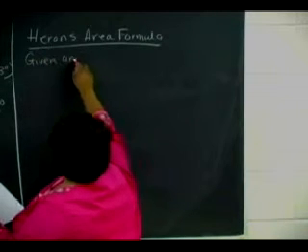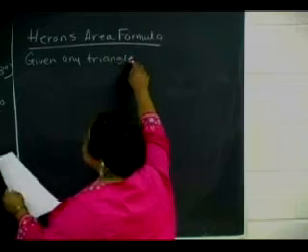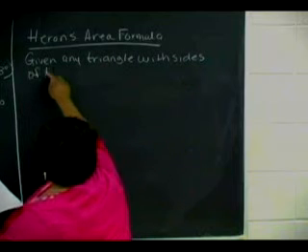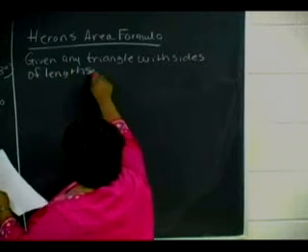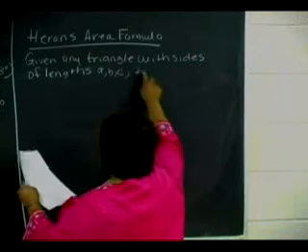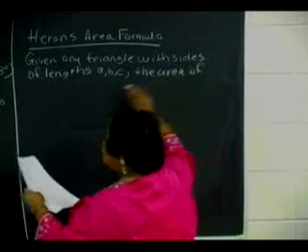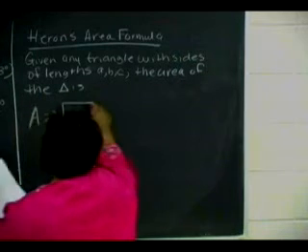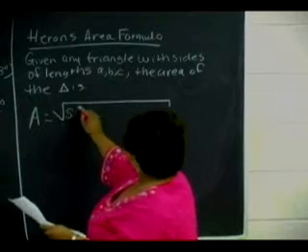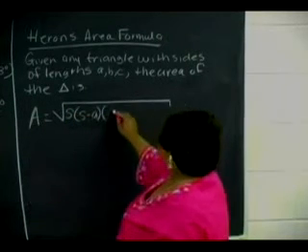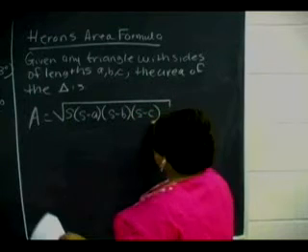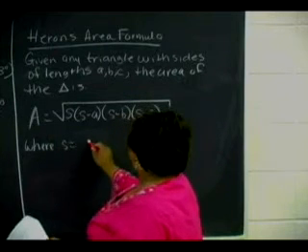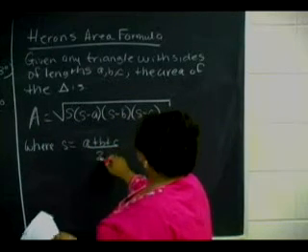It says, given any triangle with sides of lengths A, B, and C, the area of the triangle is given by the square root of S times S minus A times S minus B times S minus C, where S is A plus B plus C, all divided by 2.